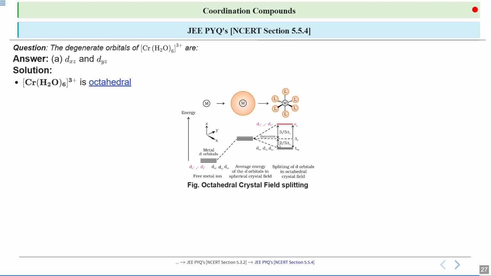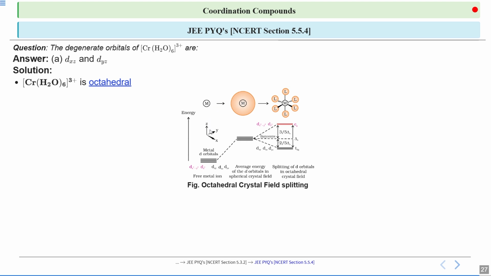The energy raised for the eg level is 3/5 of delta naught, and the energy lowered for t2g is minus 2/5 delta naught. This splitting happens when the complex forms and the ligands attack the metal ion and form bonds with it.